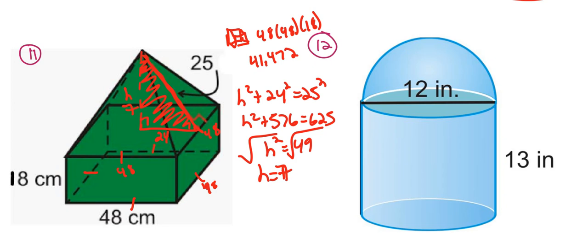So for the volume of this, it's going to be 1/3. Area of the base is 48 times 48. And then the height is 7.